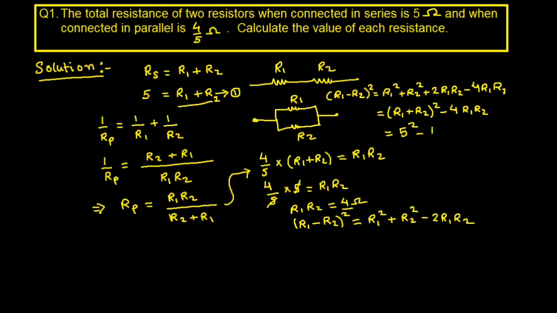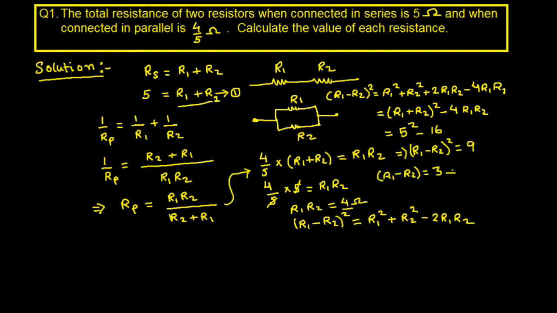So 4 into 4 becomes 16. So this implies that R1 minus R2 whole square is equal to 5 square is 25, then minus 16, we will get 9. So from here, it is clear that R1 minus R2 equal 3.